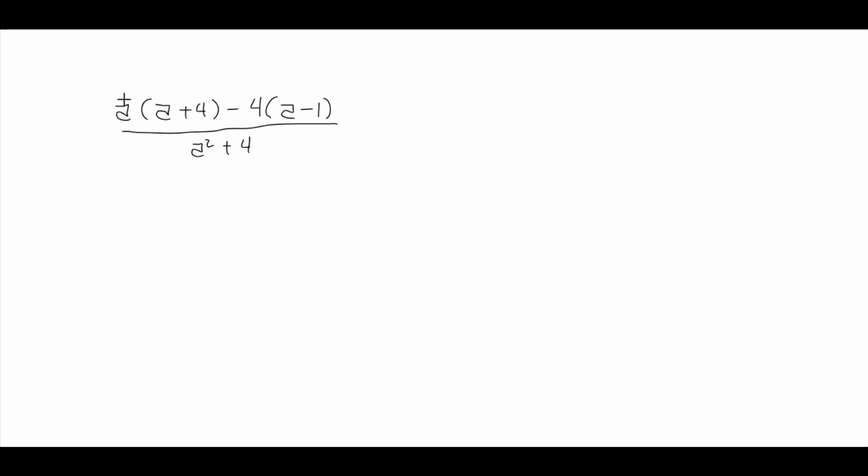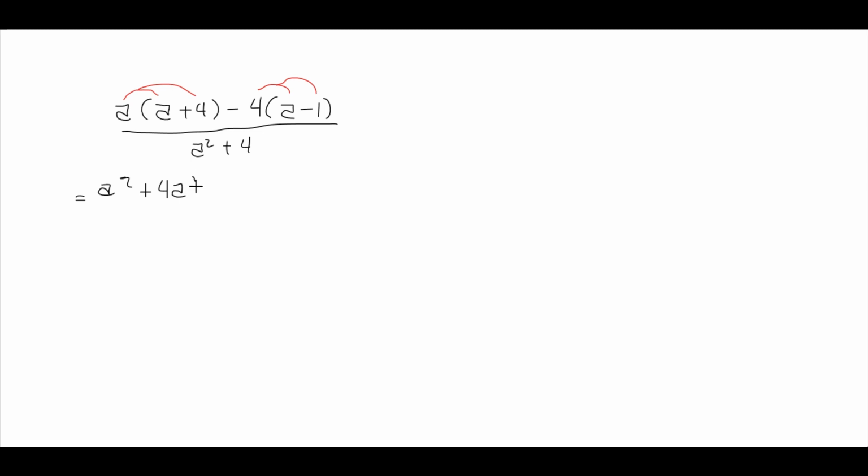We need to distribute the a inside the parentheses, and the same with 4. So a times a, we'll get a squared. A times positive 4 will get 4a.